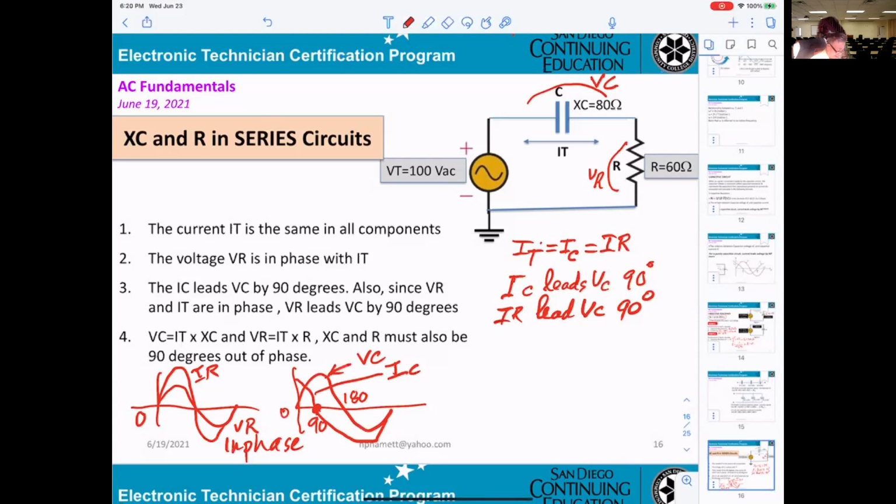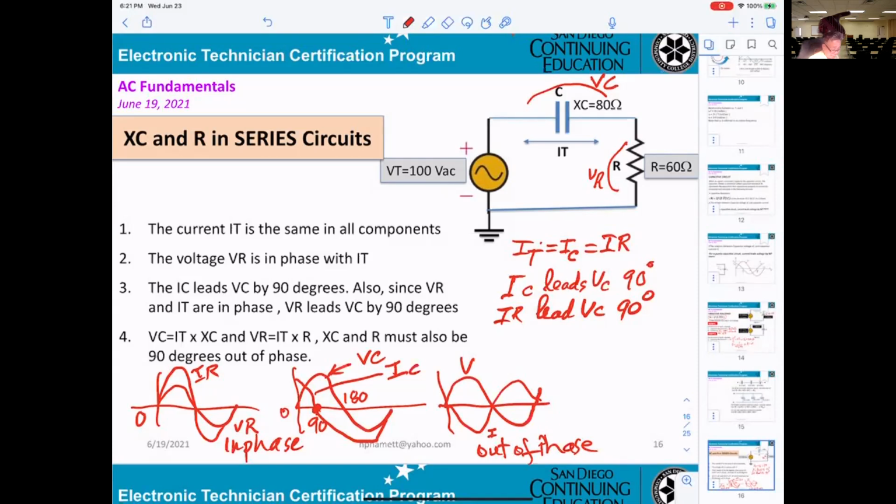So that's why IC leads VC 90 degrees. And now you can see on this circuitry, one goes this way, the other one goes this way. That will be V, that will be I. What does that mean here? 180 degrees out of phase? Out of phase. I try giving you the definition. When you look into the circuitry, you understand they will be in phase, or out of phase, or which one is leading the other signal.